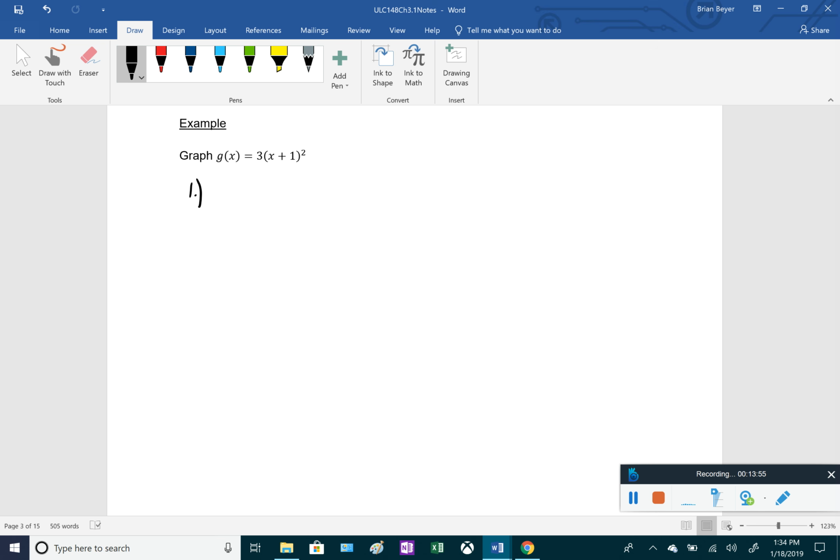For the next one, we have g of x equals 3 times x plus 1 squared. Step 1, let's see if it opens up or down. We look at this a, which is 3. So a is positive, which means it opens up. Next, let's find the vertex.